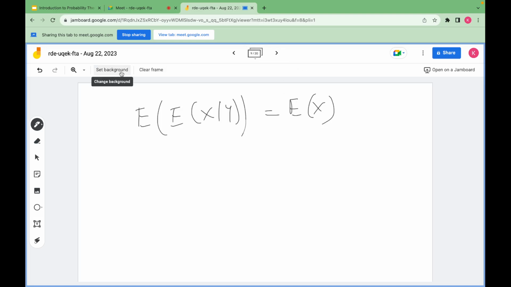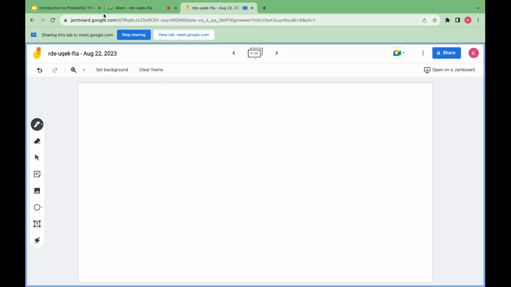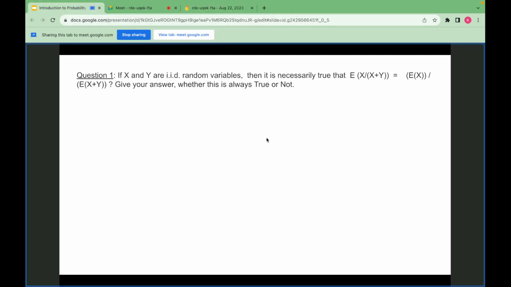Okay, so now we will solve the first question. Here it is given that X and Y are independent and identically distributed random variables. Then we are asked: is it necessarily true that the expectation of X given X plus Y is equal to the expectation of X divided by the expectation of X plus Y?